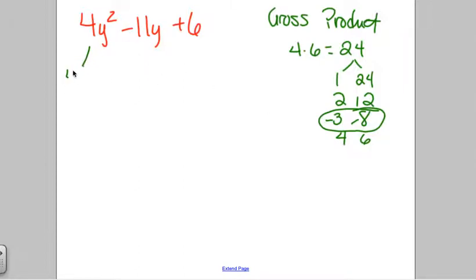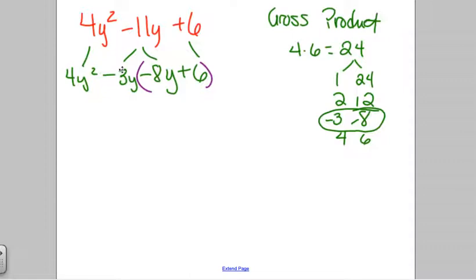So what I'm going to do is have 4y squared, a 6, and then separate the negative 11 into the negative 3y and negative 8y. Now I'm going to group, because I have 4 terms, and I'm going to pull out a GCF from each group.